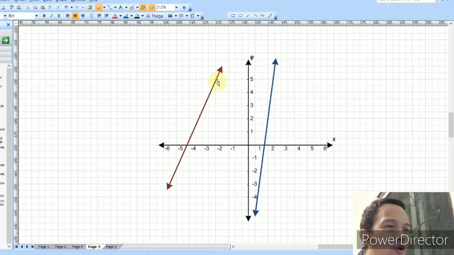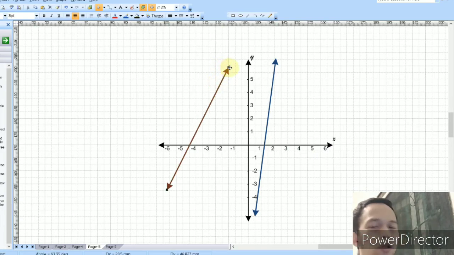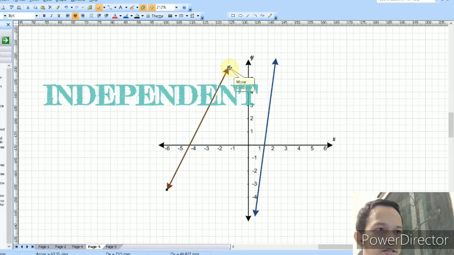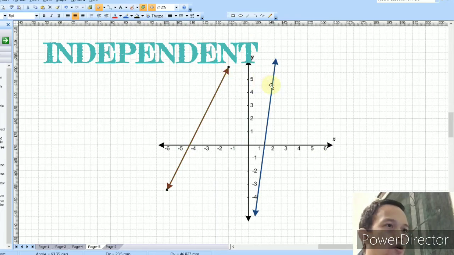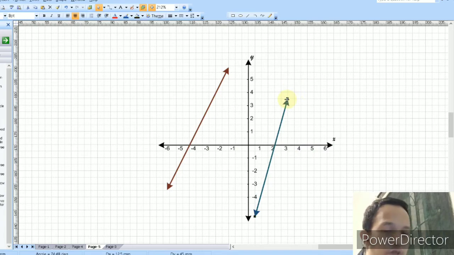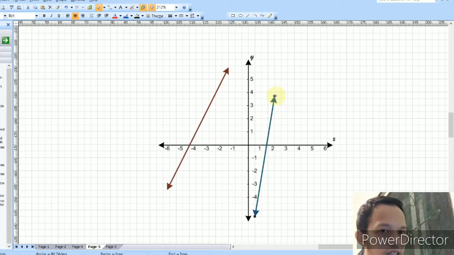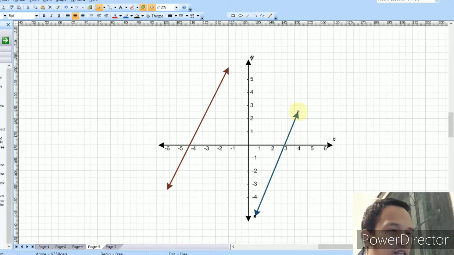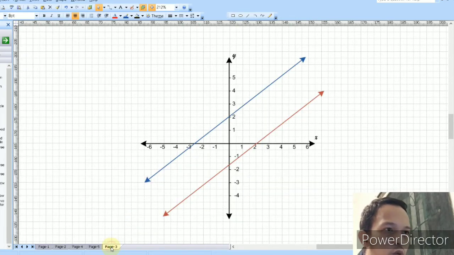This is called independent. Independent means we have two different linear functions with different slopes, so they will obviously have one intersection and one solution. That is independent.